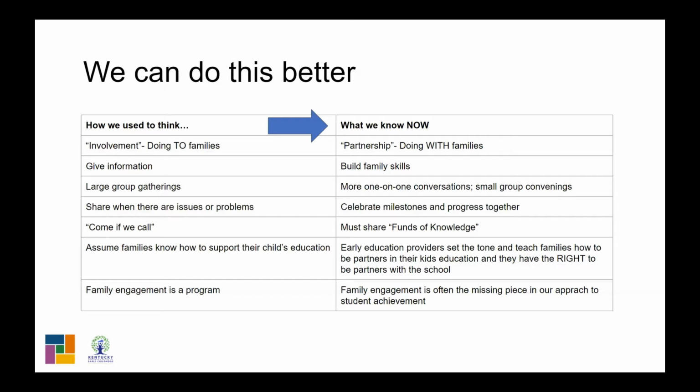We really want to move away from always having large group gatherings. Sometimes that's necessary, but when we're thinking about partnering with families more intentionally, we need to think about how can we have more one-on-one conversations? How can we break some of those orientation nights and some of those show and tell nights where you open up the center to families to show art or to show different Christmas events, those sort of things?